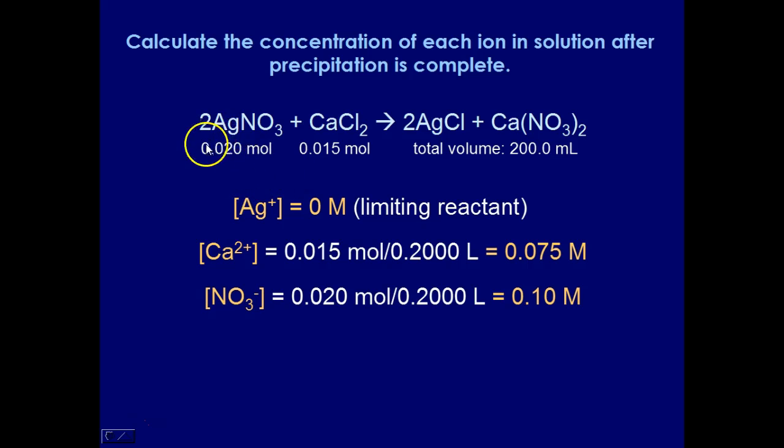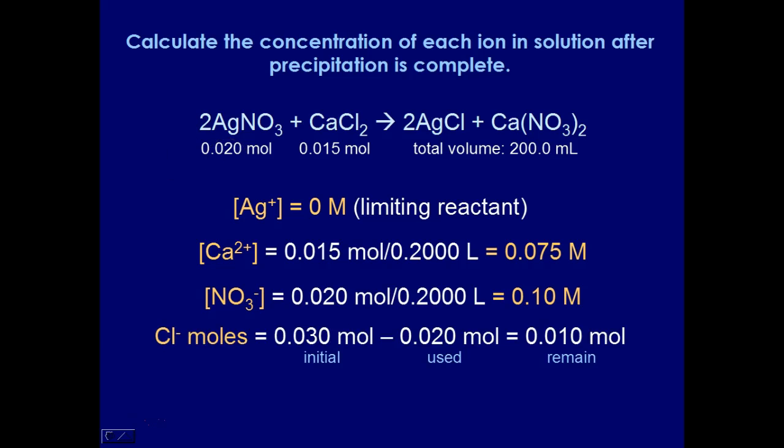We know that all of the silver was used, and because the silver and chlorine are in a 1-to-1 ratio, therefore we must have used 0.02 moles of chlorine to use up completely all of the silver present in that mixture. So to get the moles of chlorine that remain, we take the amount we start with, the 0.015 doubled, subtract away from it the amount that was used, 0.02, and that tells me how much was left over.